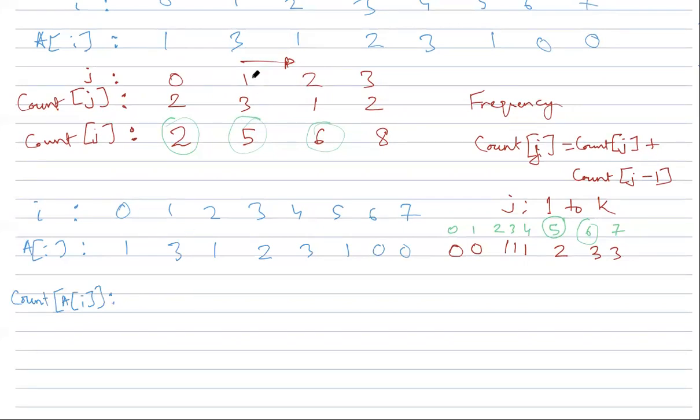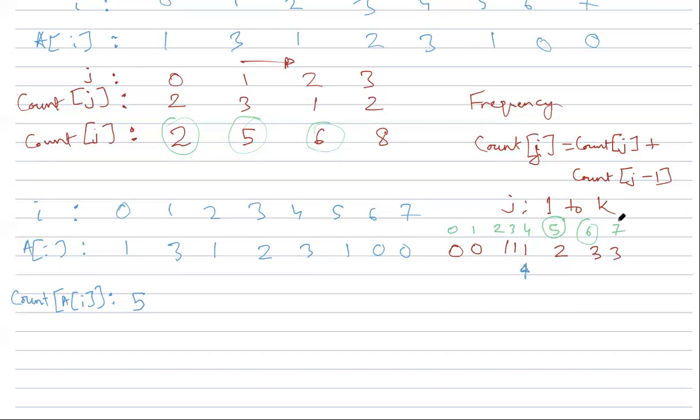The positioning of 1, sorry, not frequency, is going to be 5 here. So we can see that the positioning of the 1 is actually 5 minus 1, right?